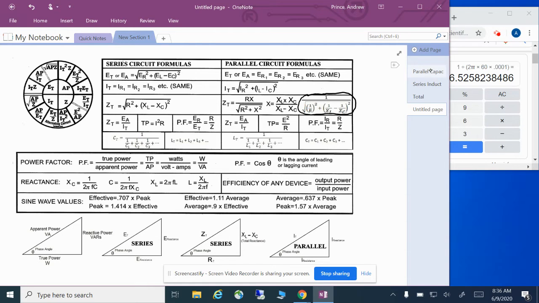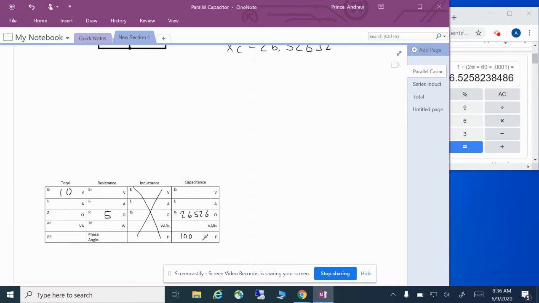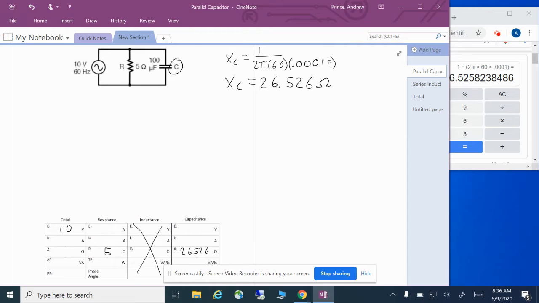We're looking for the resistance total, which is Z. So Z equals 1 divided by the square root of 1 divided by 5 squared plus 1 divided by 26.526 squared.